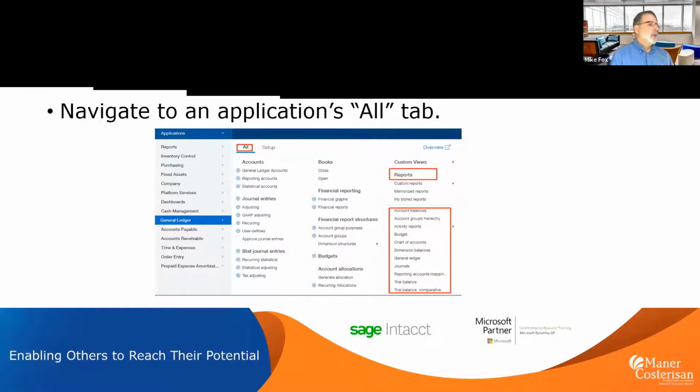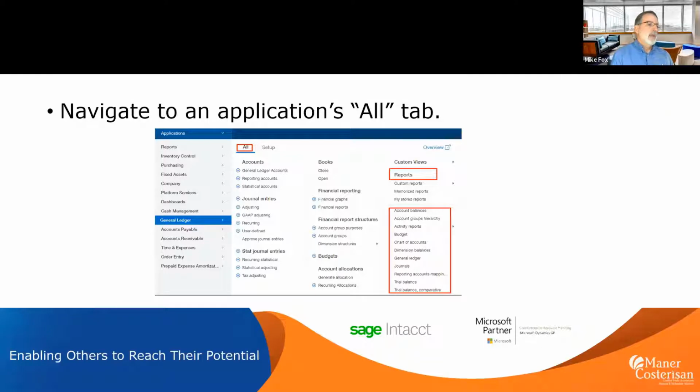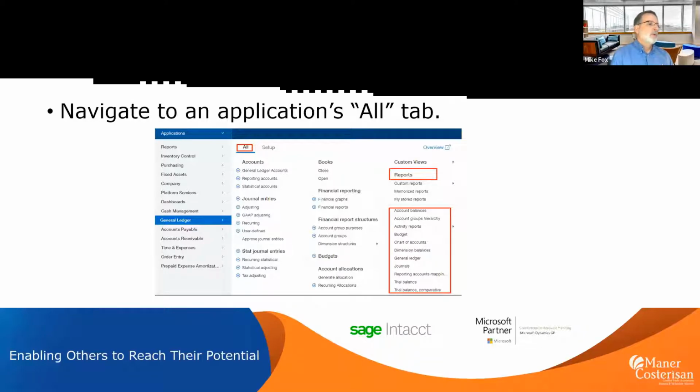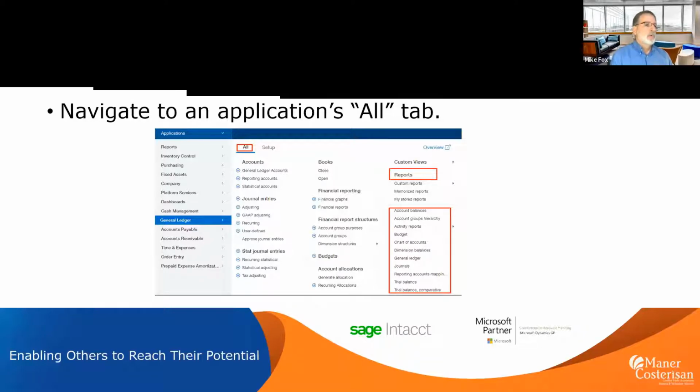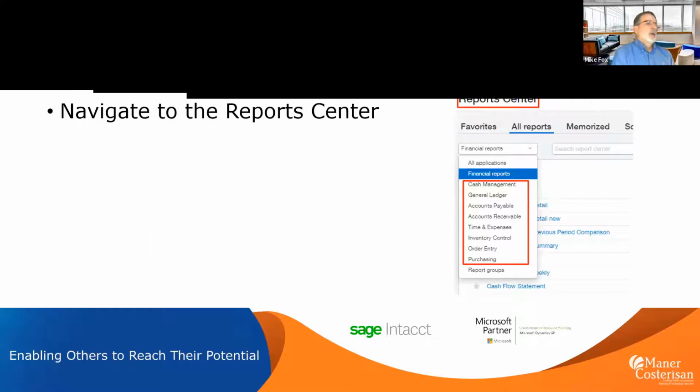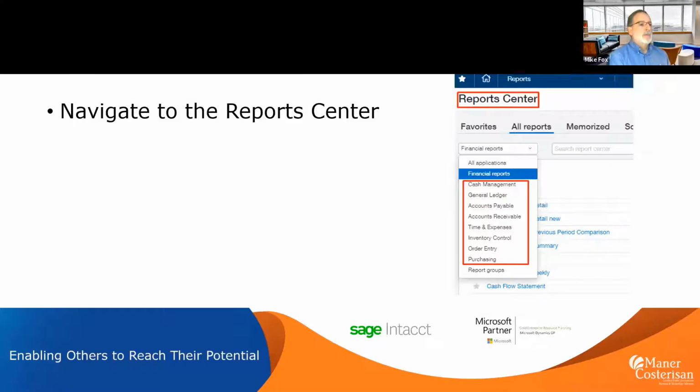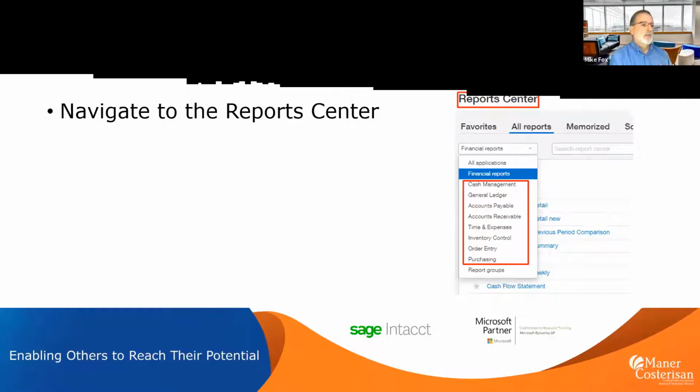The first way is to go into the application and go into the All tab, and the reports will be listed in the lower right-hand corner. Or you can navigate to the Reports Center and click on the drop-down box and see the reports there, all listed by application.